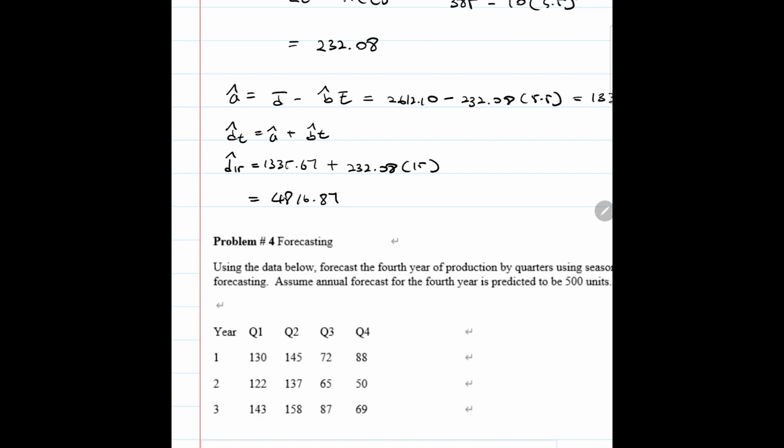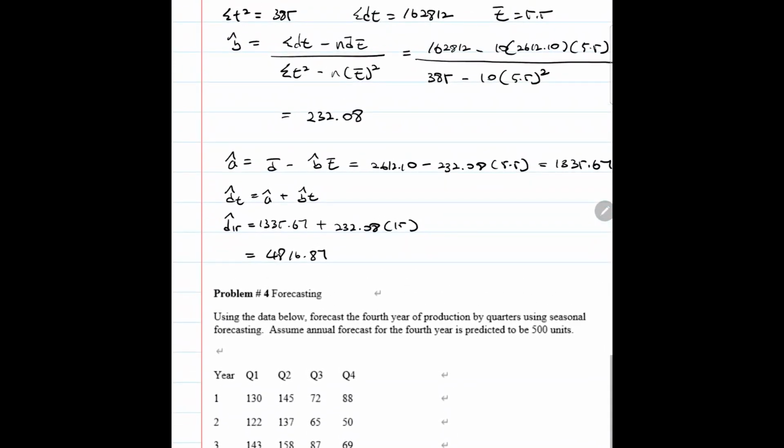Even before we visualize it, we can see that it's gonna be seasonal. When we graph this one, it will give us some kind of pattern. Actually, it says in here, using the seasonal forecasting.